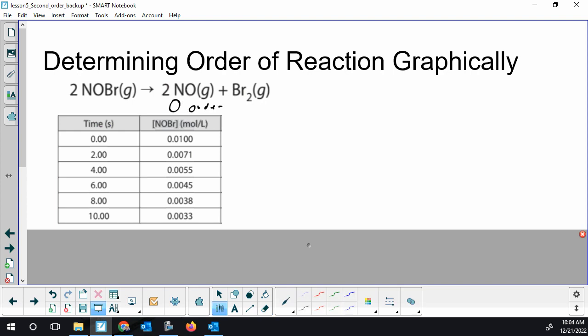In order to get a linear relationship for a first order reaction, we would get a straight line if we plotted the natural log of the concentration. If this is second order, we would have to plot 1 over the concentration in order to get a straight line.